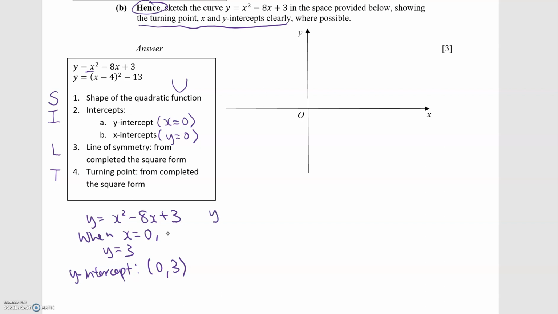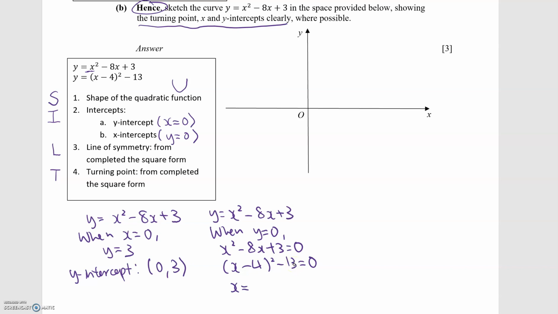Then, when I have y equals 0, you can solve for the equation. You can solve by using your quadratic formula. Alternatively, you can also use the completed the square form from part A to help you.